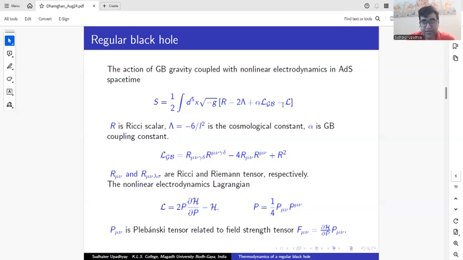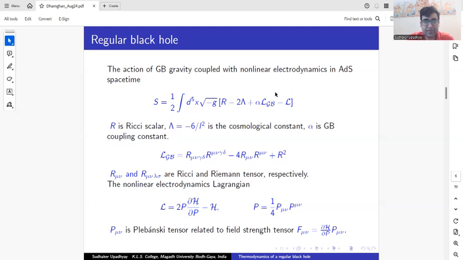The Lagrangian density corresponding to the nonlinear electrodynamics can be given by this Legendre transformation, where P is a scalar invariant of the Plebanski tensor P mu nu, and H is a structure function. This P mu nu, the Plebanski tensor, is related to the field strength tensor with this expression, and it is basically a function of the vector potential A.